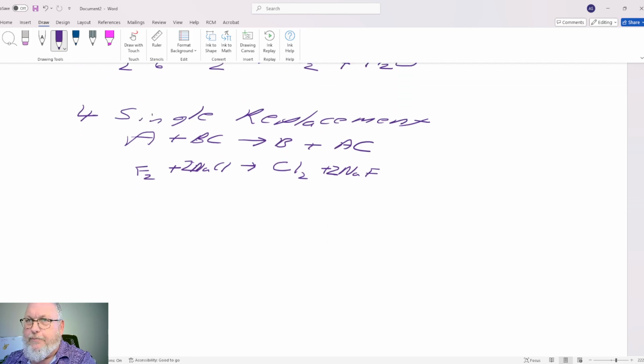The fifth type of reaction that we're going to worry about is a double replacement.